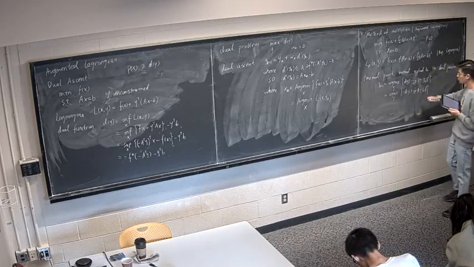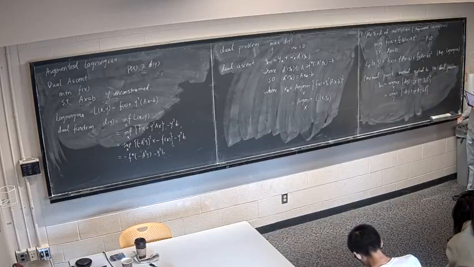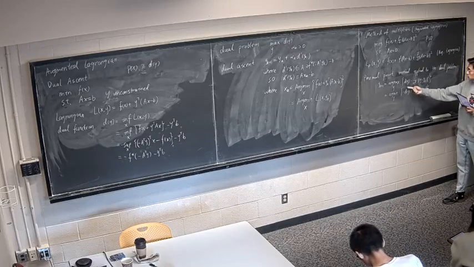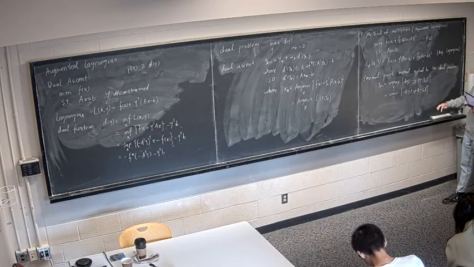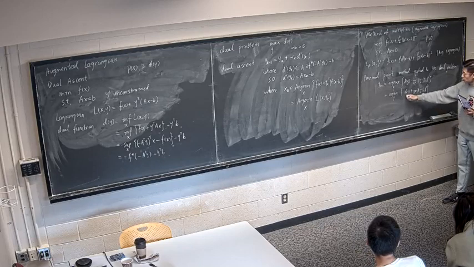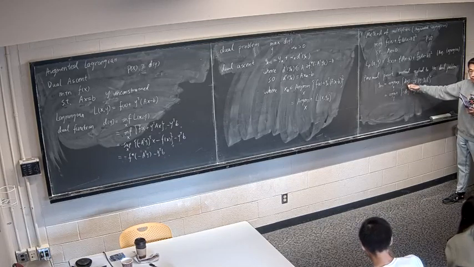But if you want, you can still formulate it as a minimization problem by just taking a minus sign here, right? This becomes a strongly convex function for minimization. And also the d of y is always concave.